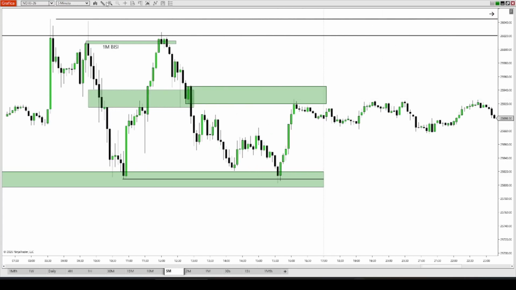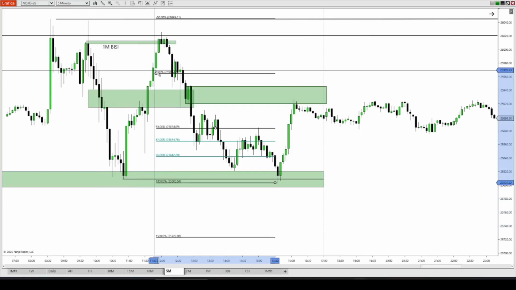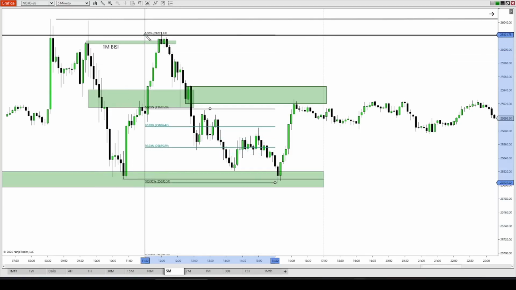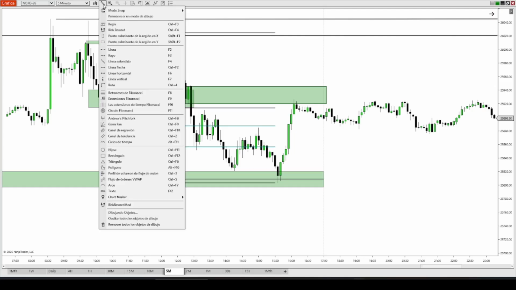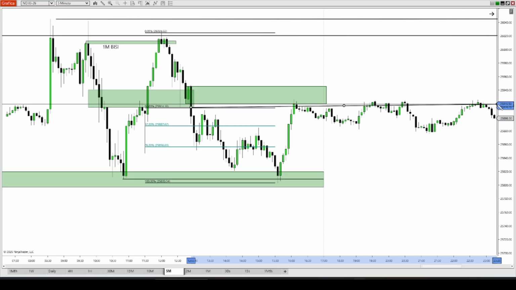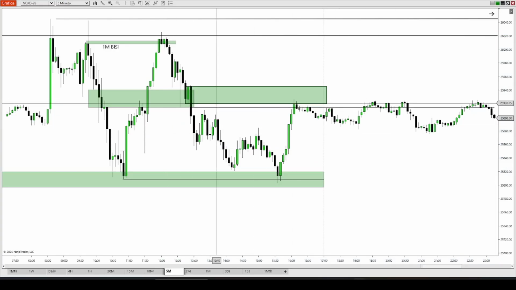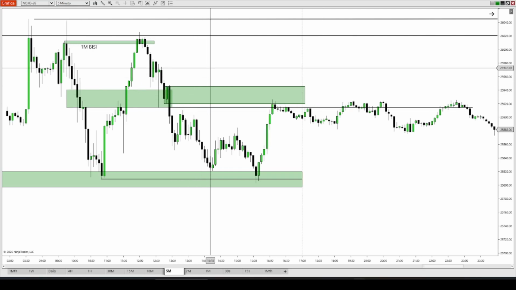So if you analyze that last range, you can measure the range from the low to the high and mark the halfway point, that is equilibrium. So equilibrium is right there, again in very close proximity to the bearish 5-minute order block.